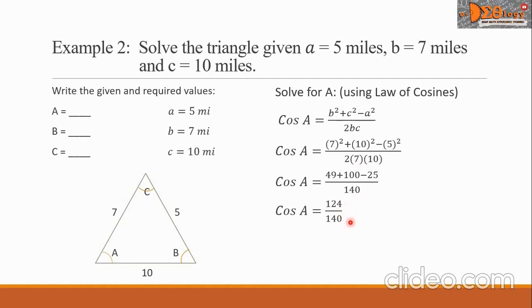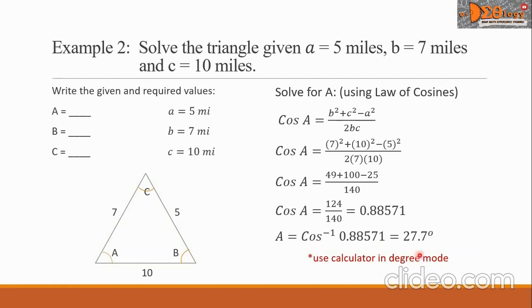Getting the quotient here, the answer is 0.88571, rounded to 5 decimal places. So let us get the angle A. Angle A equals cosine inverse of this decimal value. So we must use calculator in degree mode, and the value of angle A is 27.7 degrees.